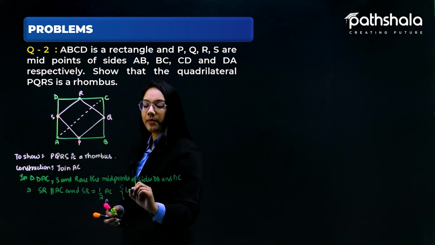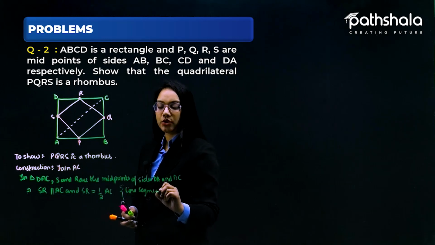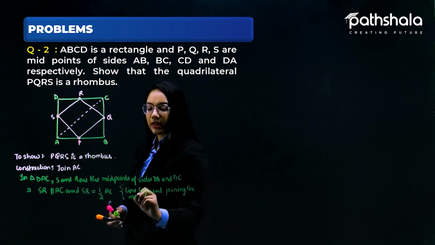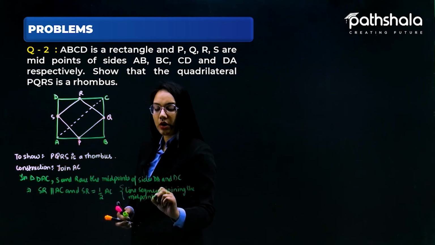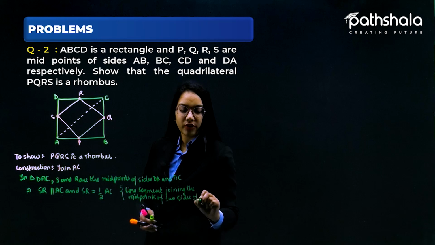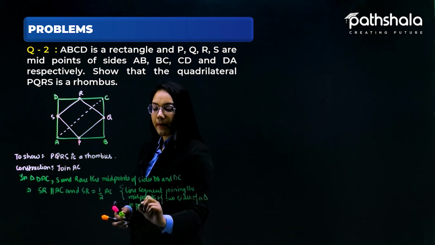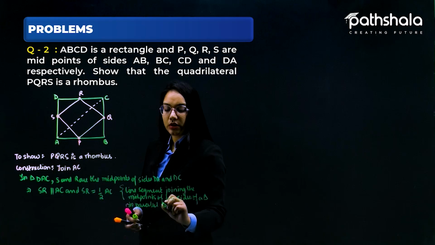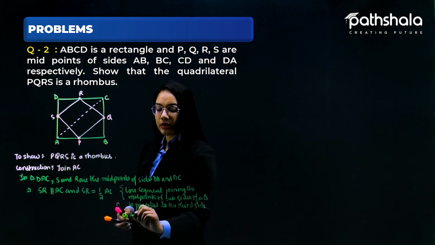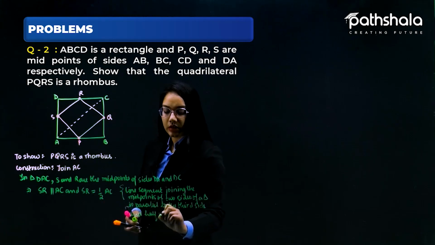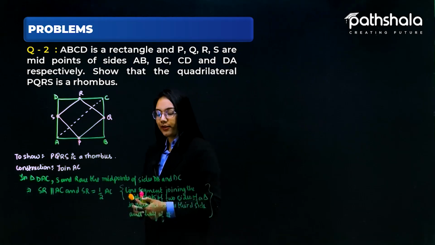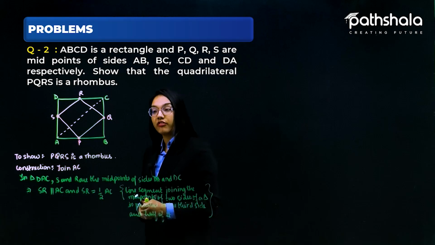By the midpoint theorem, the line segment joining the midpoints of two sides of a triangle is parallel to the third side and also half of it. So using that concept, we can say that SR is half of AC.